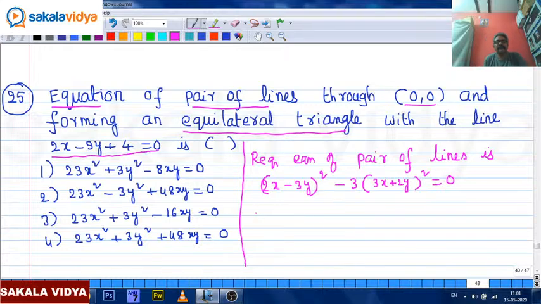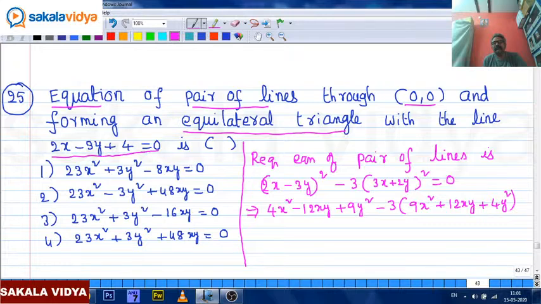So let us simplify it. What do we get here? 4x square minus 12xy plus 9y square minus 3 times 9x square plus 12xy plus 4y square equals to 0.